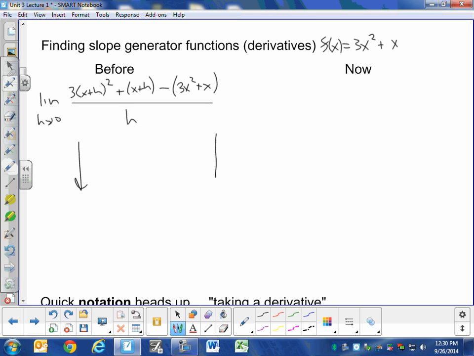And then you worked your way, simplifying it, doing all this algebra, canceled a bunch of stuff, factored out an h, canceled the h, and you developed that this derivative was 6x plus 1.